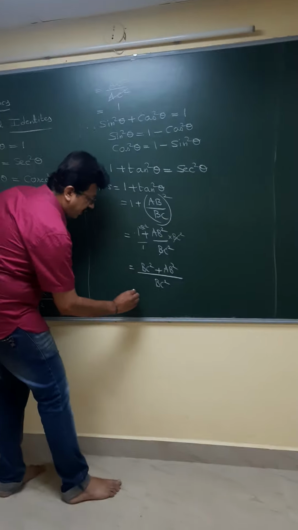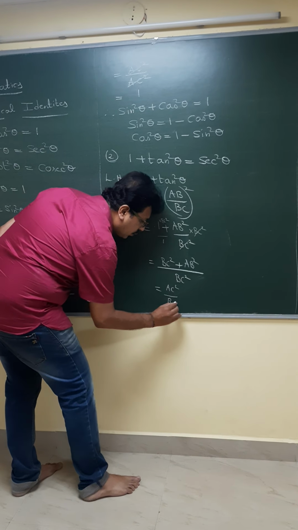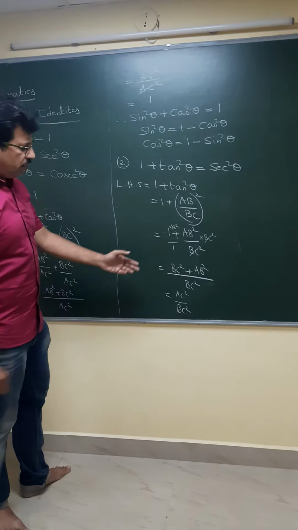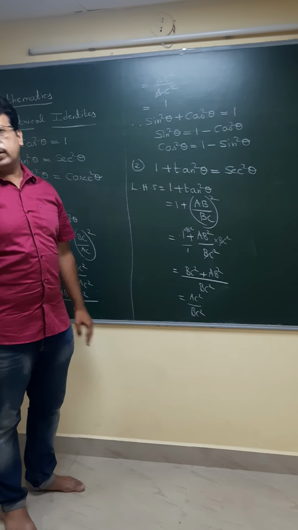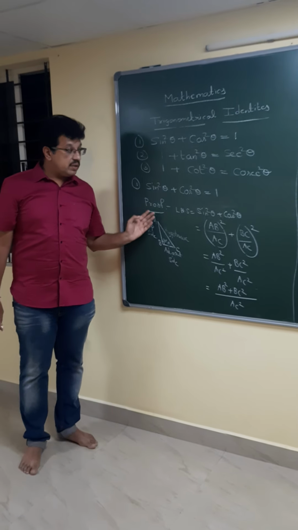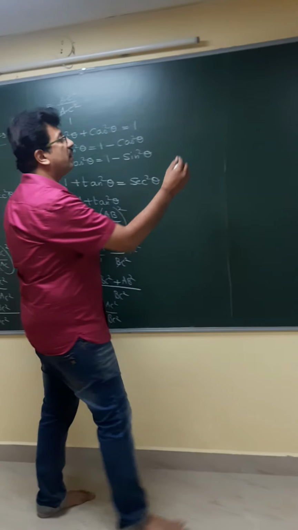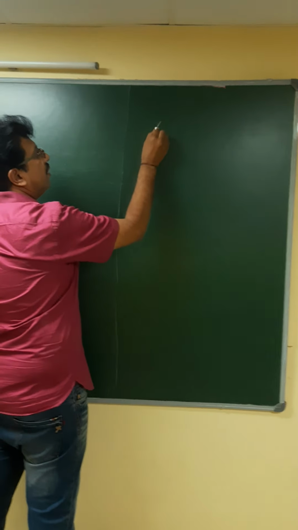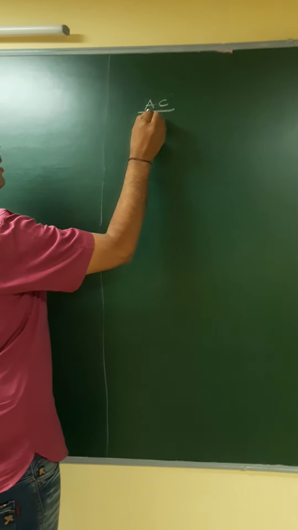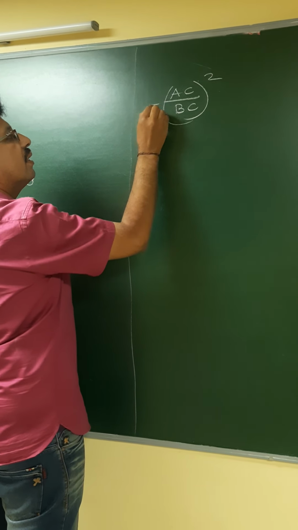So we are going to write this as AC square by BC square. So what is AC square by BC square comes to your question. Again, we need to understand what AC square by BC square is. Before that, I can also write this as AC by BC whole square.